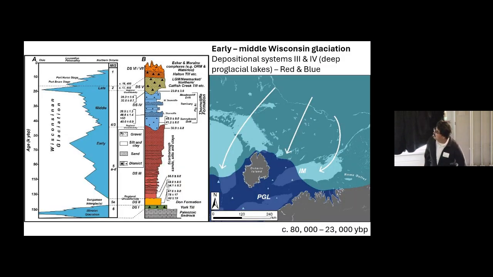And now we get into the meat of it. There's a lot of information on this slide. I'm going to start on the far right side. What we have there is a time distance diagram, basically describing the advance and retreat of the last ice sheet during the Wisconsin glaciation.